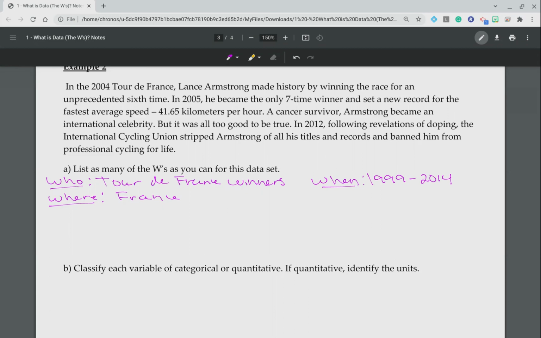Why? Well, the purpose of this was to show the results of doping in a competition.